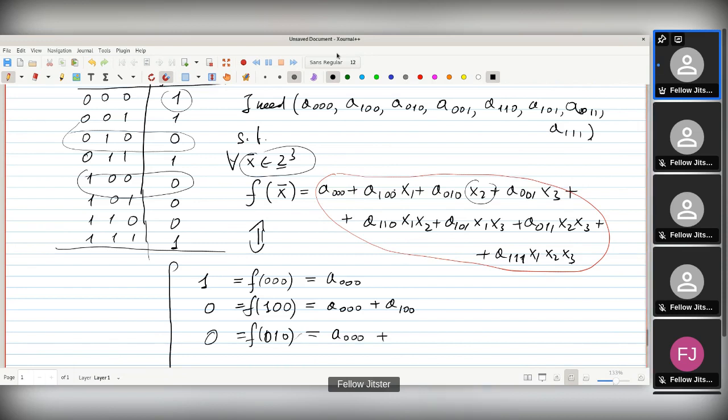I have just substituted this tuple into the right-hand side. So x1 will be 0, x2 will be 1, x3 will be 0. So what the right-hand side will be then? A010. Everything else is 0.